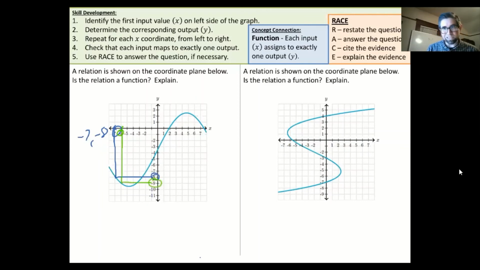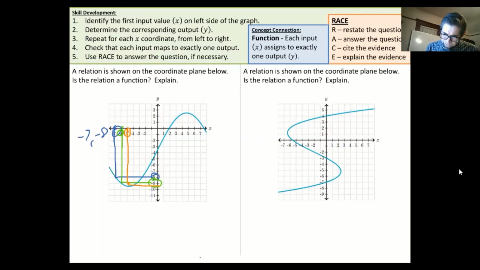So the input -6 is assigned to -9. Let's repeat this over again. Let's check the next one, -5. Where's the relation? Way down here. What is the output? Maybe -9.5. So again, one input, -5, is assigned to one output, -9 point something.